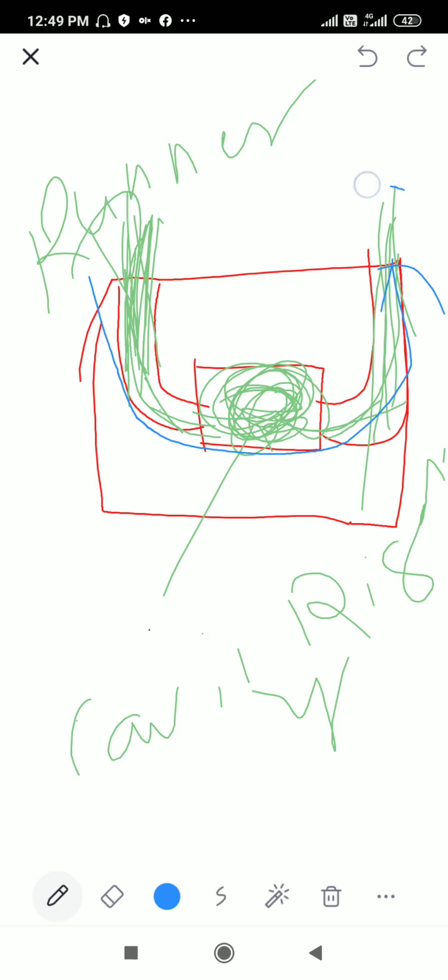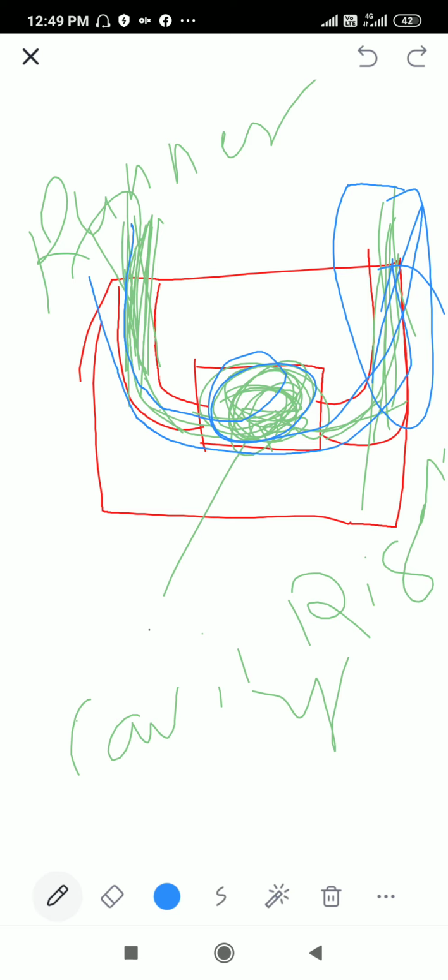This riser should solidify at the last. Why? Because the casting should be designed in such a manner that the runner starts to solidify first, then the mold cavity, and at the last this riser should solidify. There are some reasons.